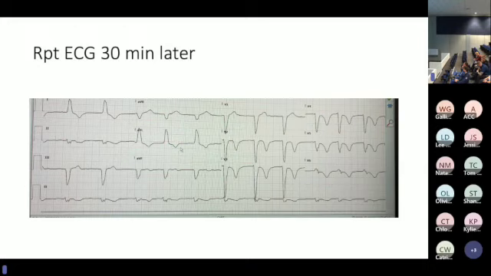Multiple leads with concordant ST depression of a millimetre, which is one of the criteria. So Scott's just said that there is now concordant ST depression in multiple leads from V2 to V5. So that would fit criteria for urgent reperfusion.